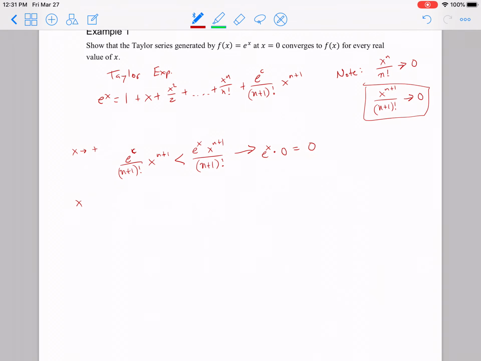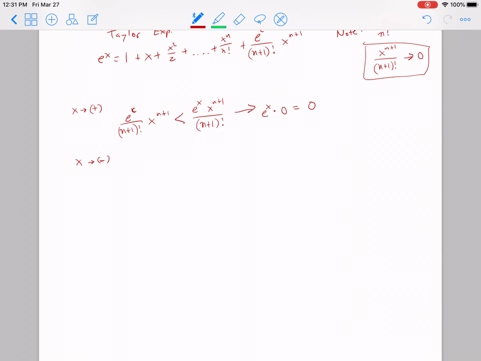For x being a negative value, then what we end up with is e to the c over n plus 1 factorial times x to the n plus 1 is less than, well, sorry, no, I'm miswriting that, sorry.